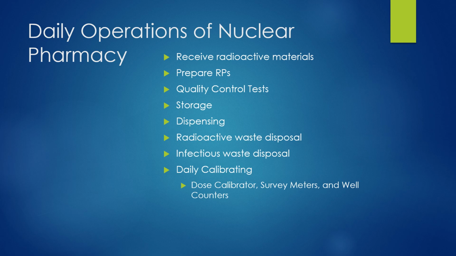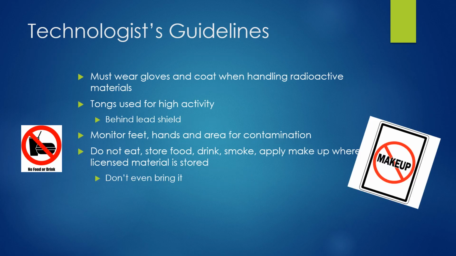Right, so the daily operations of a nuclear pharmacy include receiving radioactive materials, preparing the radiopharmaceuticals, quality control tests, storage, dispensing, radioactive waste disposal, as well as infectious waste disposal, and daily calibrating or daily QC. That includes the dose calibrator, survey meters, and well counters, as well as the thyroid uptake probe. Technologist guidelines: you must wear gloves and you're supposed to use a lab coat when handling radioactive materials.